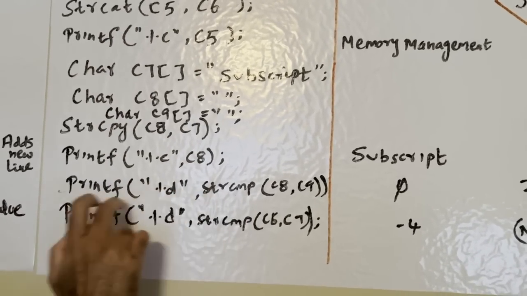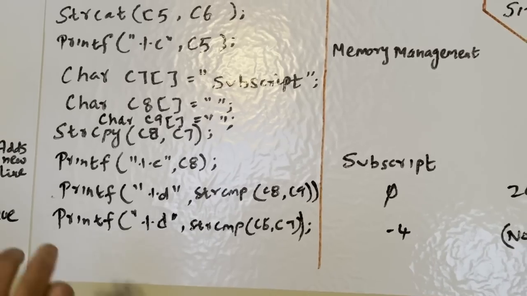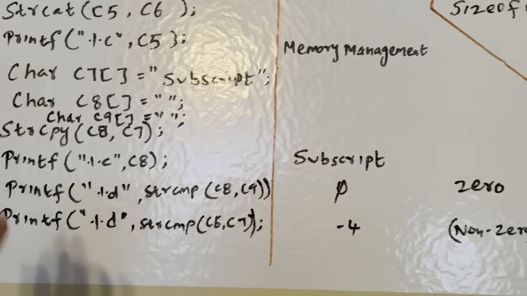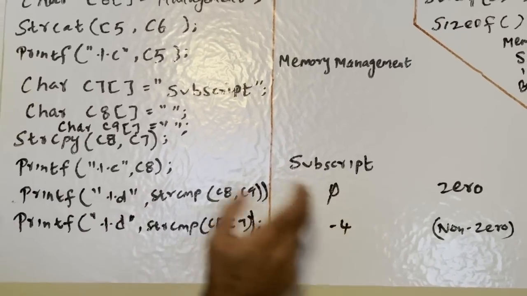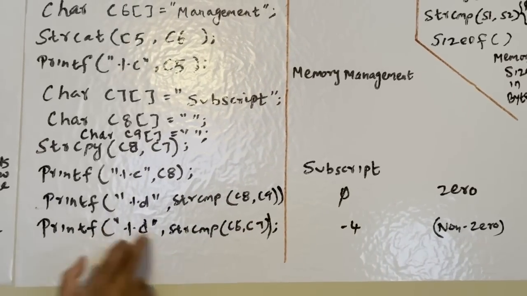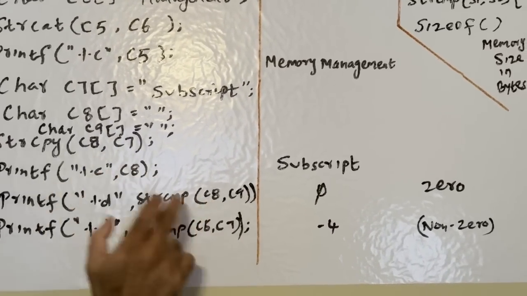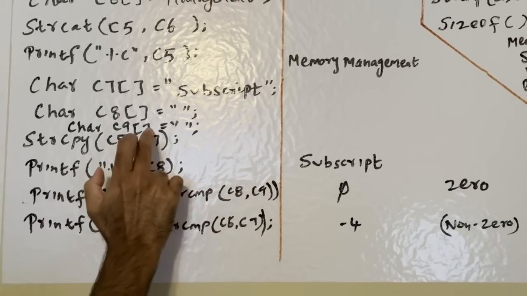But here we have to use the D because it returns a number. If the two strings are equal, it returns 0. If two strings are not equal, it gives some non-zero number, probably 4 or 5, or negative. So this is the syntax, strcmp of C8 and C9. C8 is subscript, C9 is empty.